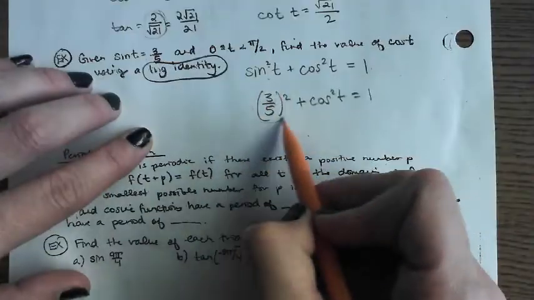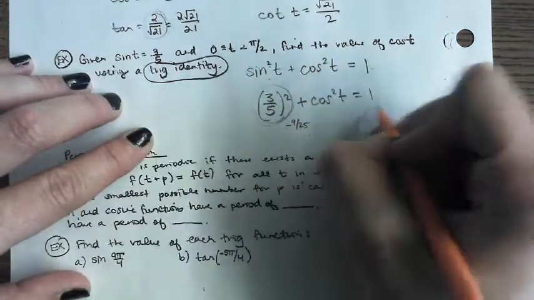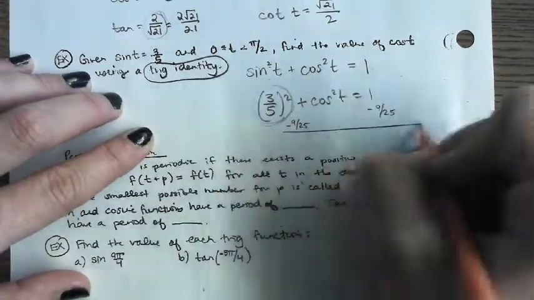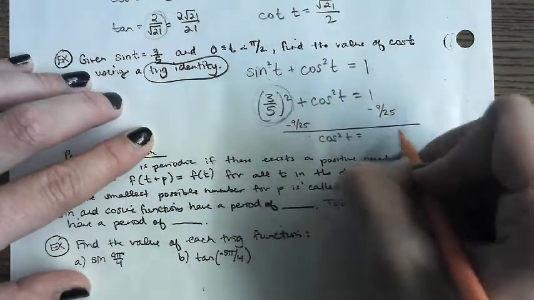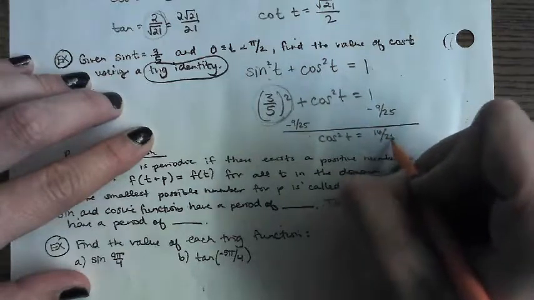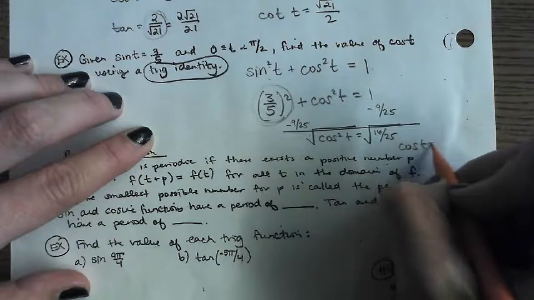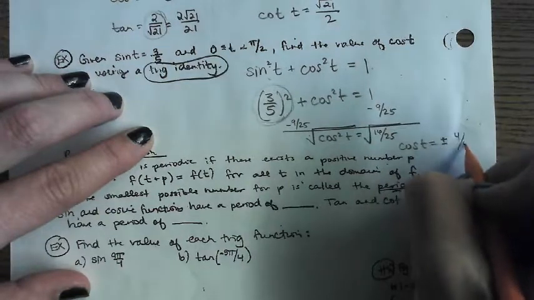That's the same as 9/25. Do we agree? So I'm going to subtract 9/25 from both sides. 25/25 minus 9/25 is 16/25. Square root both sides. Cosine of t equals plus or minus 4/5.